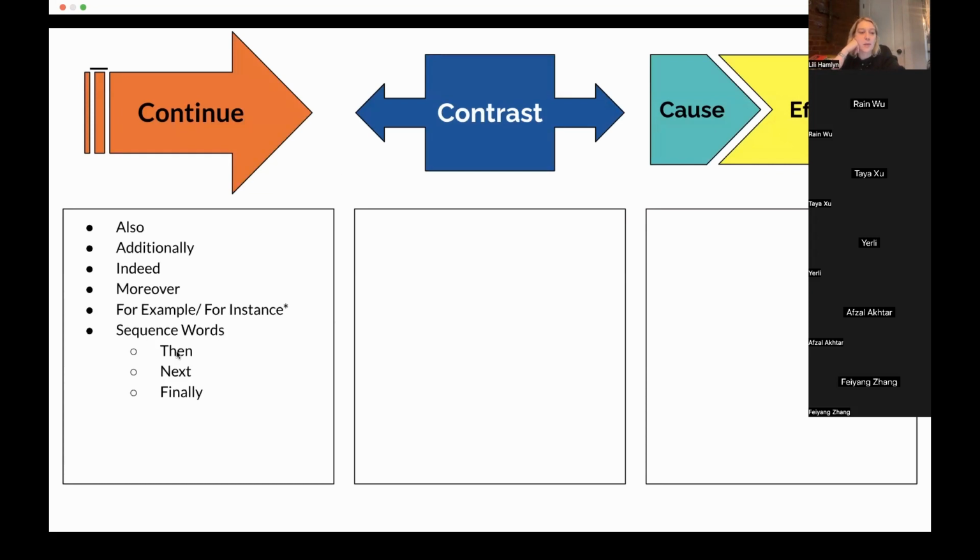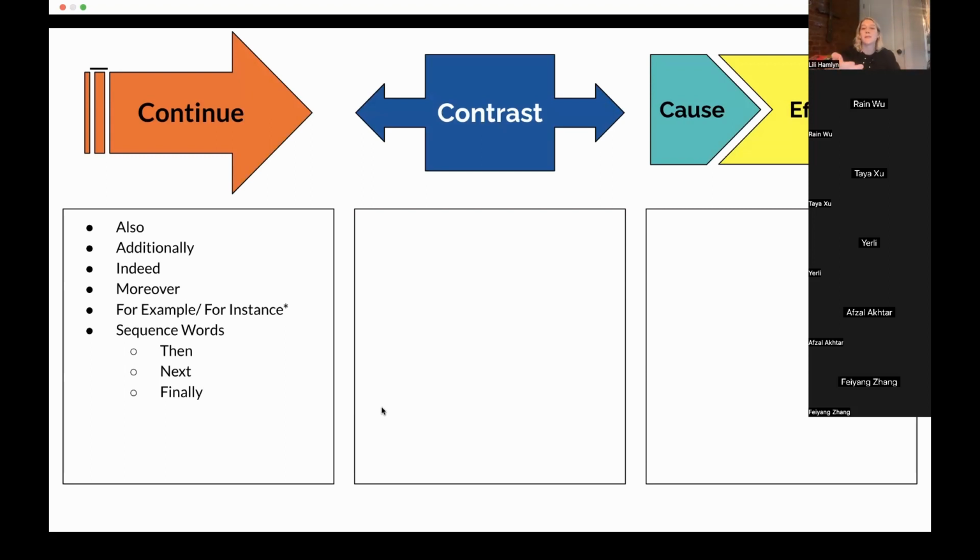So continuous are words like also, additionally, indeed, moreover, for example, and for instance, and then a subset. But with those ones, if it's for example or for instance, it's not so straightforward as that. They're not all interchangeable. Obviously, if it says for example, an example needs to follow.